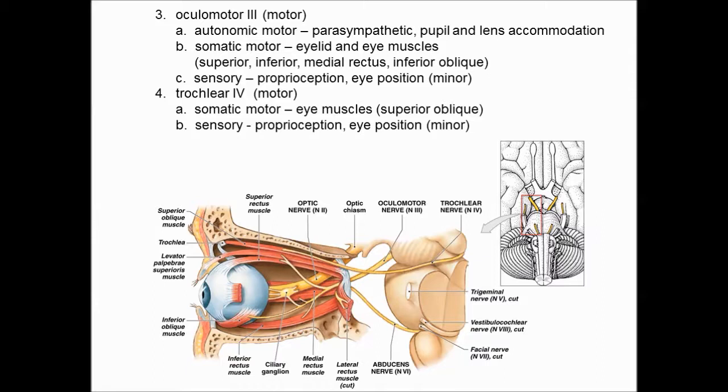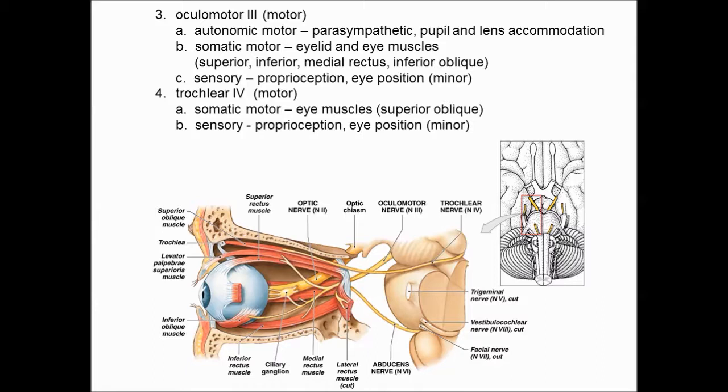This is such a minor part of the total nervous character of that nerve that even though there's some sensory, we still call it a motor. So that's true of number 3 and number 4 and some of the others. So in exams, and my exams or in exams in any system, whether it be medical school or whatever, they will never say this is mixed because they just claim this is such a minor component.